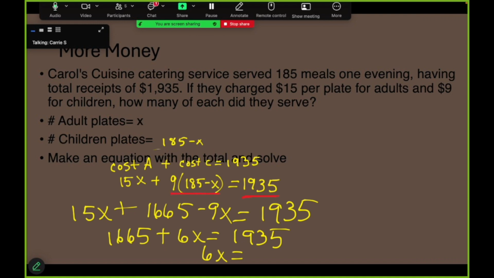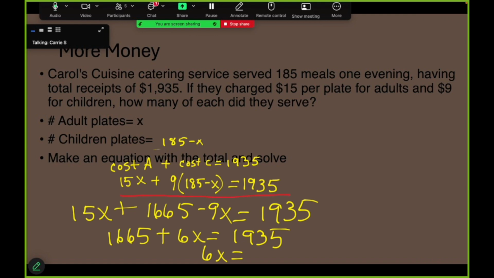This one is going to be $9, because the $9 was for the children, times the number of children. And we said the number of children was 185 minus x. So then the total here, we have the 1935. So we just brought that down. Are there questions about what I have in red right there?